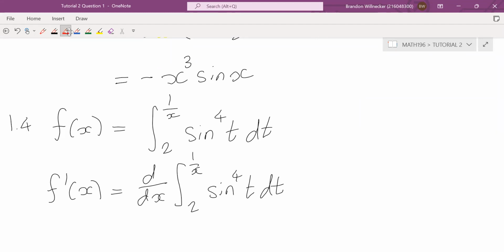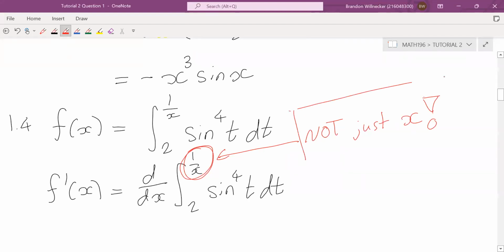But now we have a problem. We see that the upper bound is not just x, it's 1 over x. So that's going to be a problem.